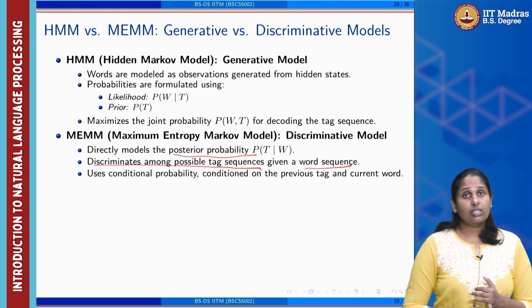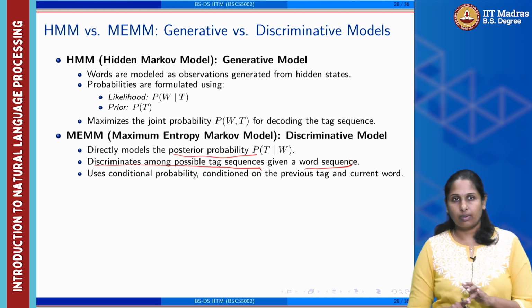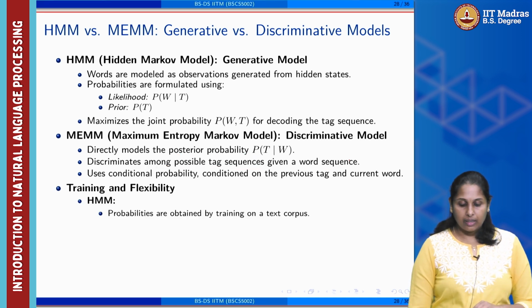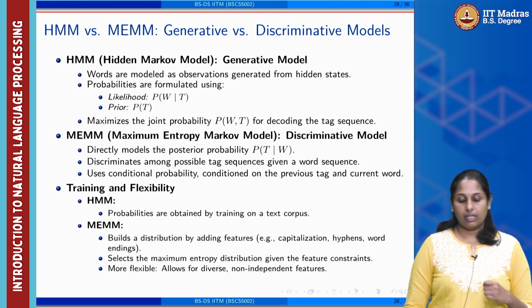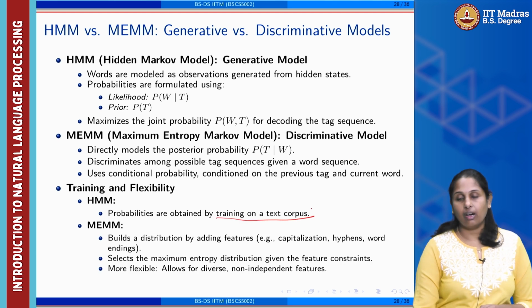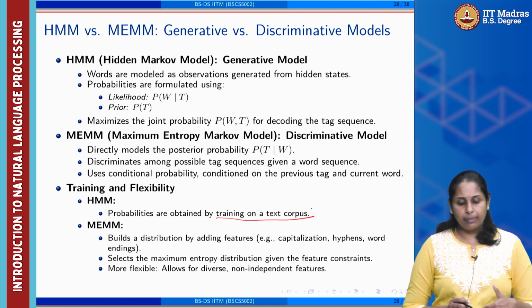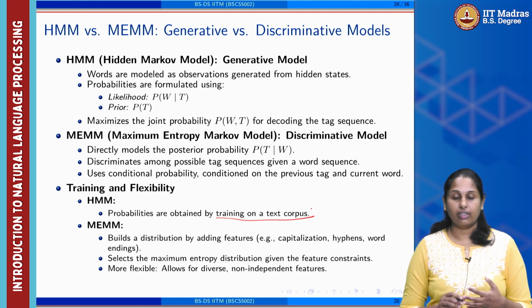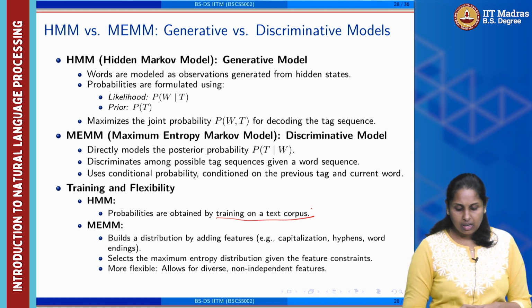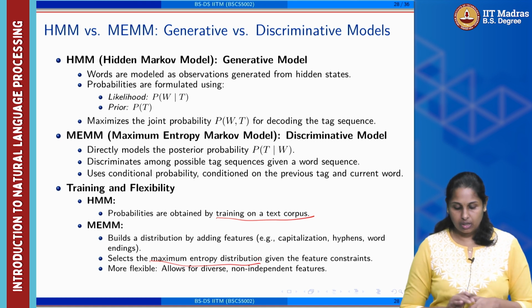It uses the conditional probability, conditioned on the previous tag as well as the current observation. As for tagging and flexibility, in HMM the probabilities are obtained by training on a text corpus, whereas MEMM builds the distribution by adding other features like capitalization, hyphens, word endings and beginnings, and it selects the maximum entropy distribution given the feature constraints.